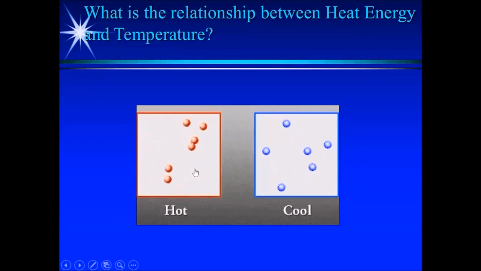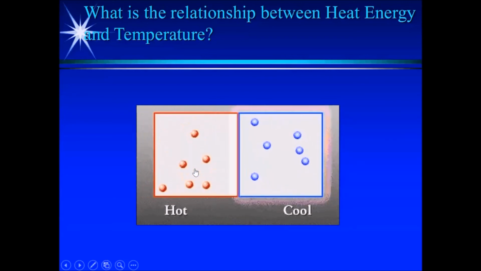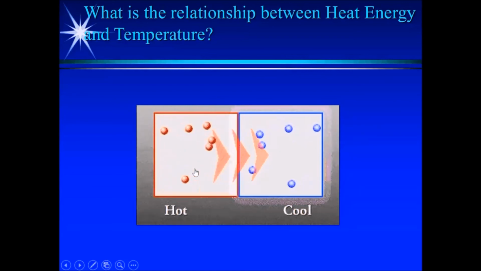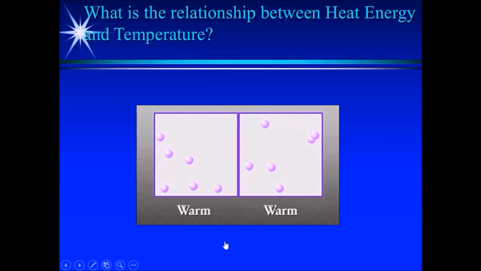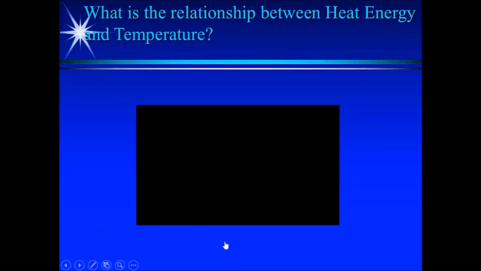If the two samples come in contact, a transfer of molecular momentum occurs from the rapidly moving molecules to the slower ones. In this way, thermal energy transfers from the hotter sample to the cooler one. When the two samples have similar rates of molecular motion, they have reached thermal equilibrium and have the same temperature. And you no longer feel the chair to be either hot or cold, right?